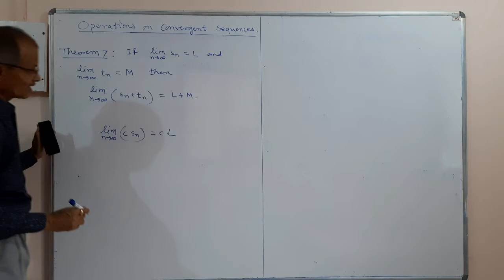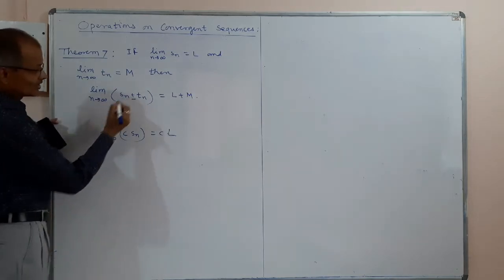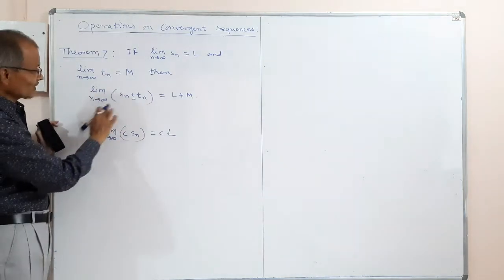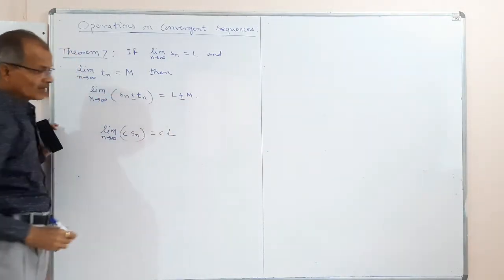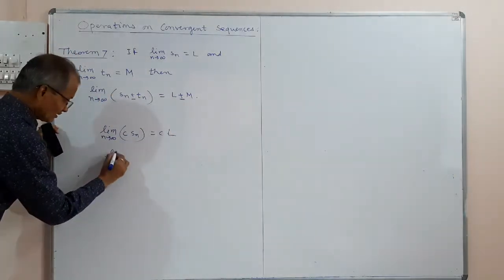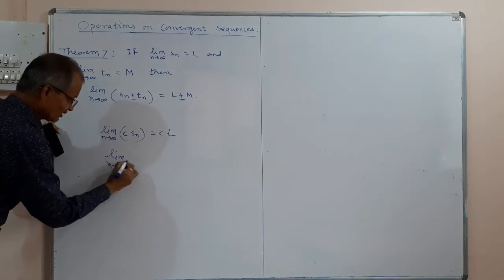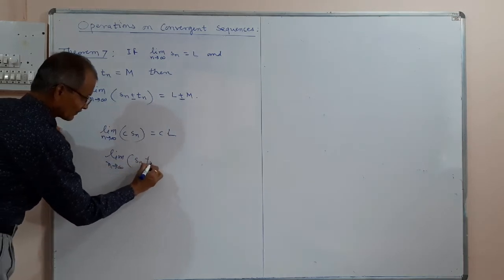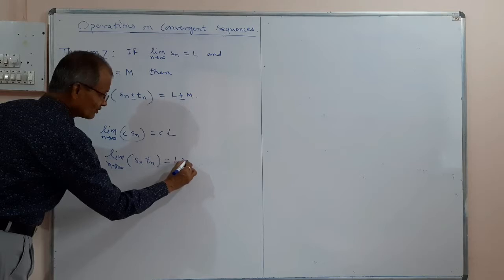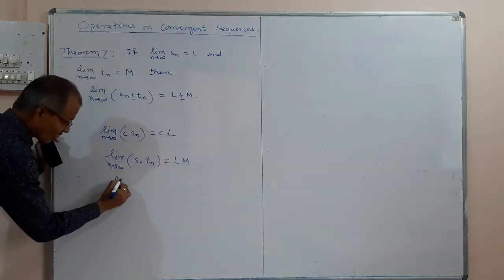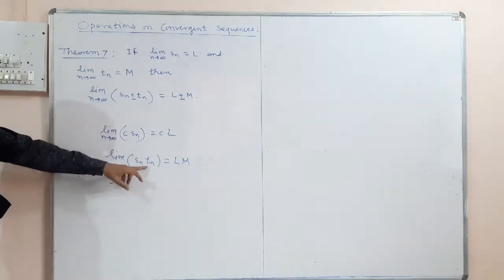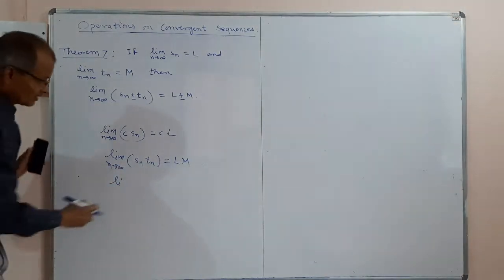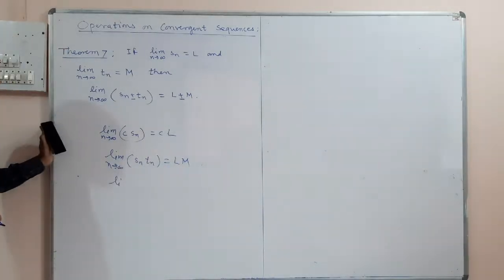And a further result is for the difference: the limit of Sn minus Tn will be equal to L minus M. Next, the limit as n tends to infinity of Sn into Tn will be equal to L into M. That is, the limit of the product of the two sequences is equal to the product of their limits.